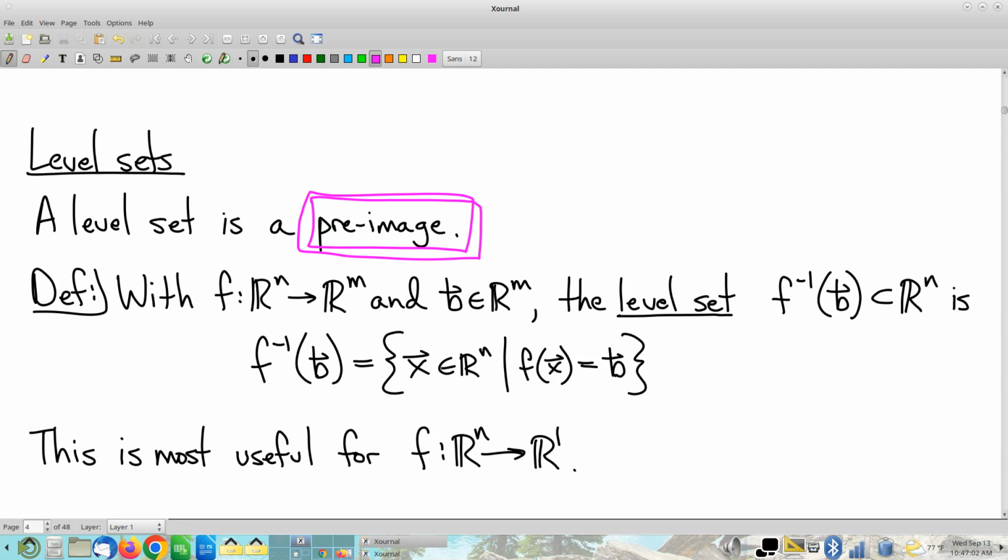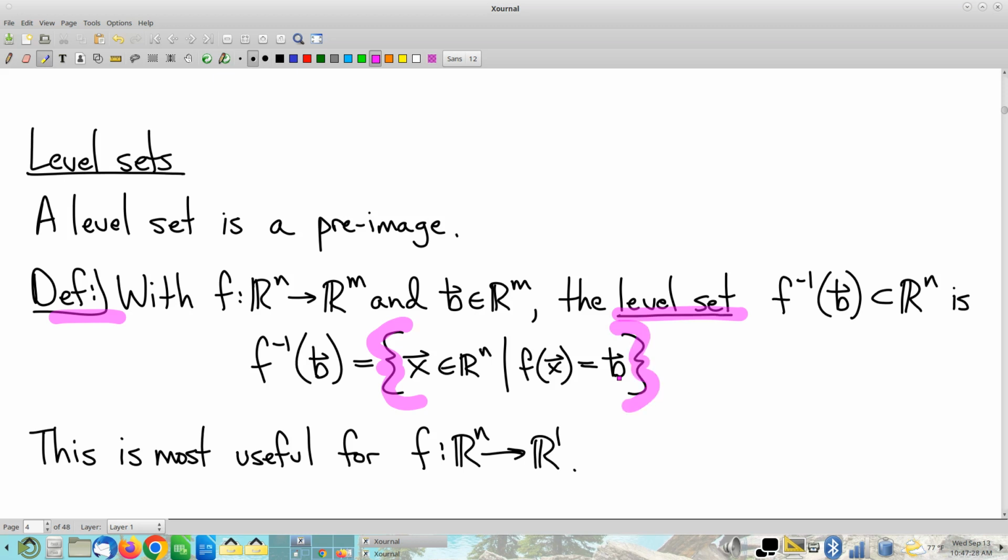Turning the other way, if you have an output, you can ask what are the corresponding inputs that landed on it. Notice that's exactly what's being said in this definition of a level set, which again, as I claimed, is a pre-image.